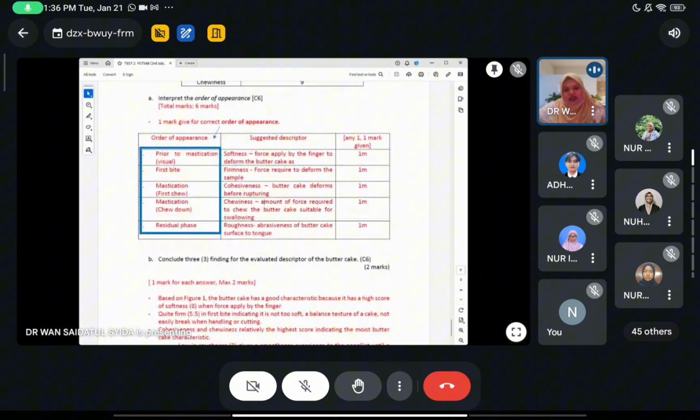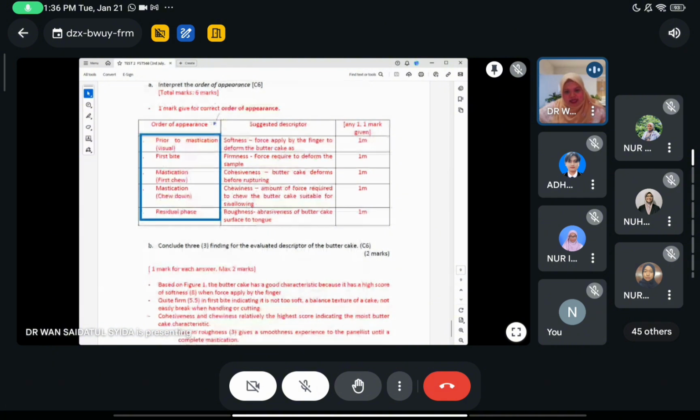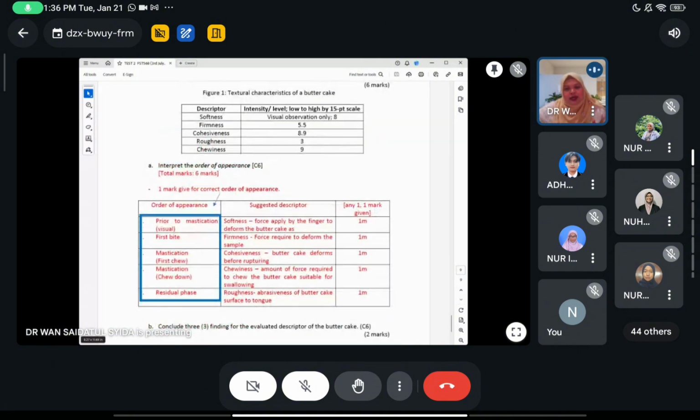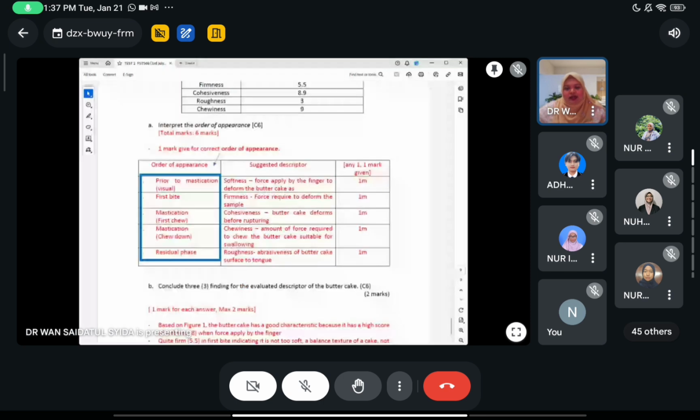Next one. Conclude three findings for the evaluated descriptors of the butter cake. So you have to go into the intensity. Look at the points, 15 cm, so they use the line scale. So you have to conclude.